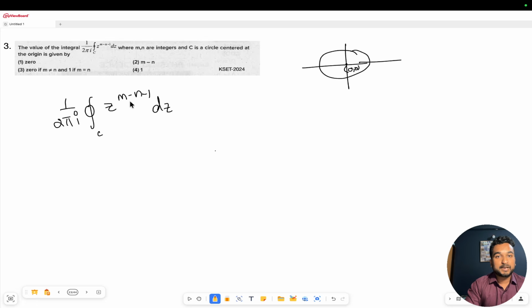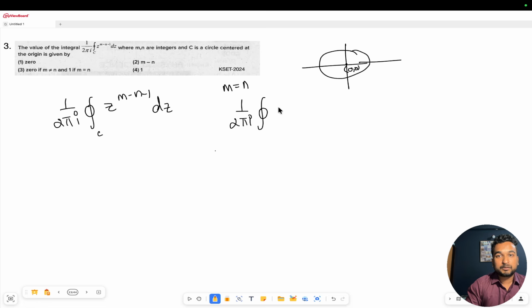At m equals n, what will be the value? It will not be 0, because it will be 1 upon 2 pi iota if m equals n.